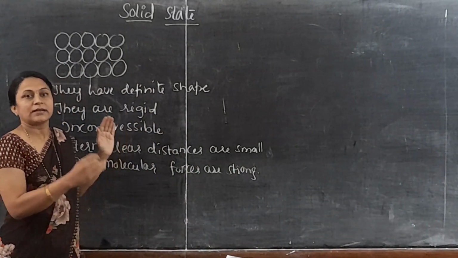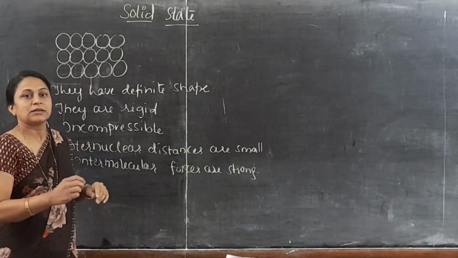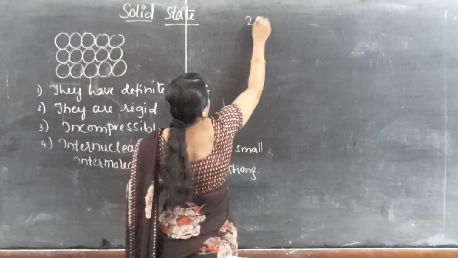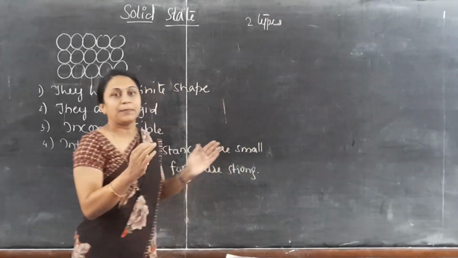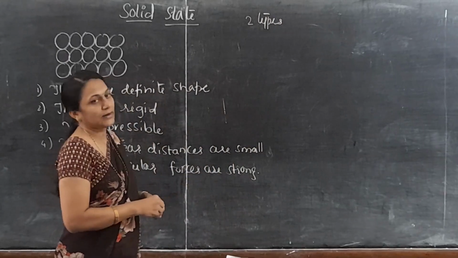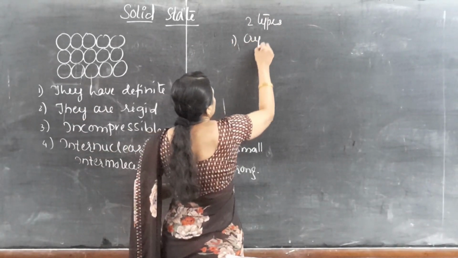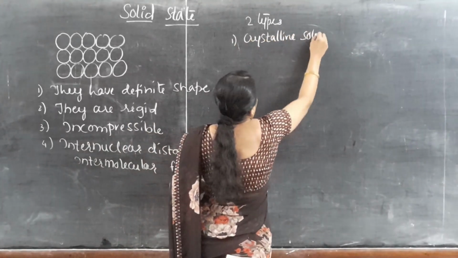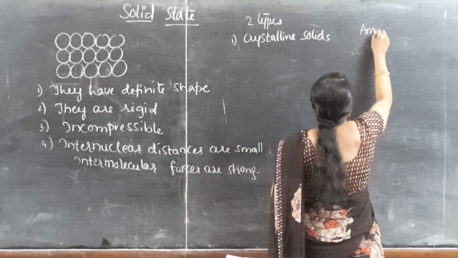Depending on the type of arrangement of the constituent particles, the solids are classified into two types. One is crystalline solids, and the second type is amorphous solids.